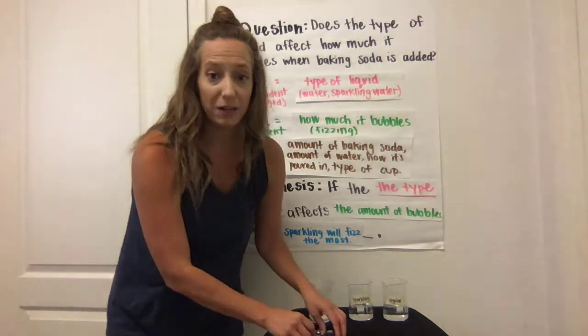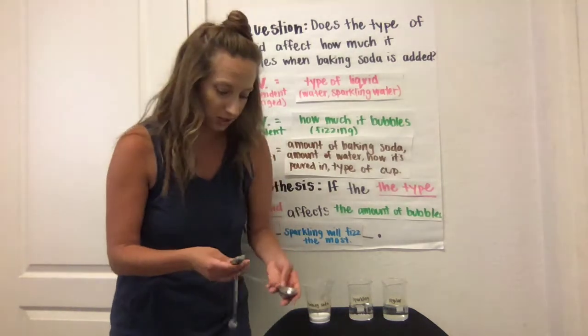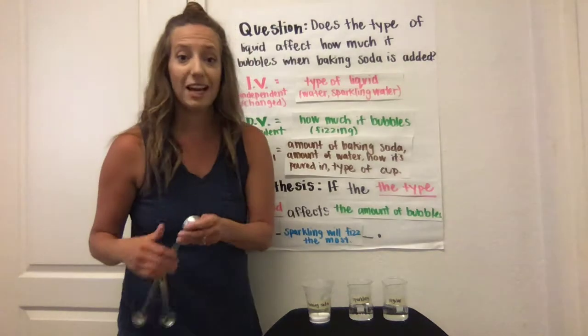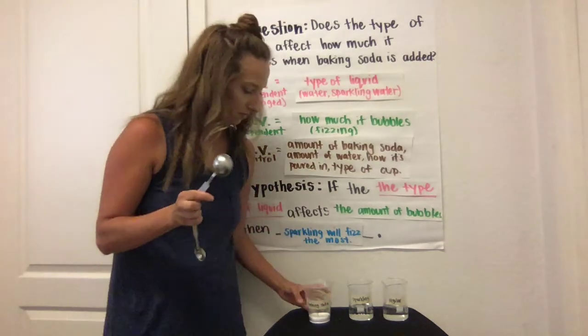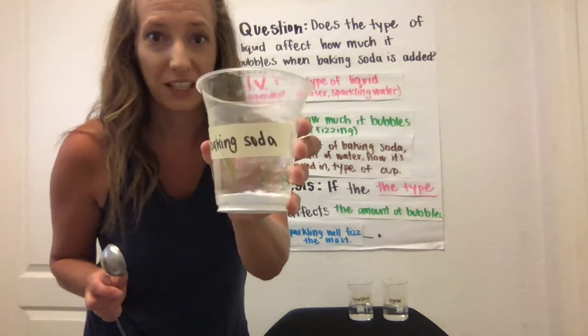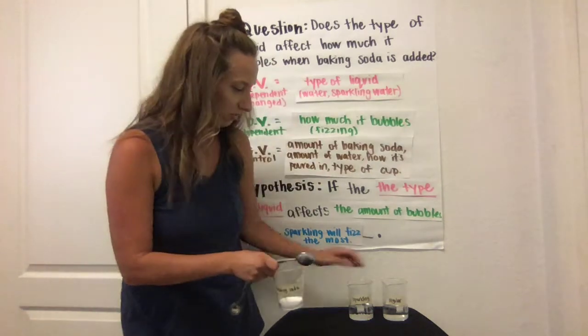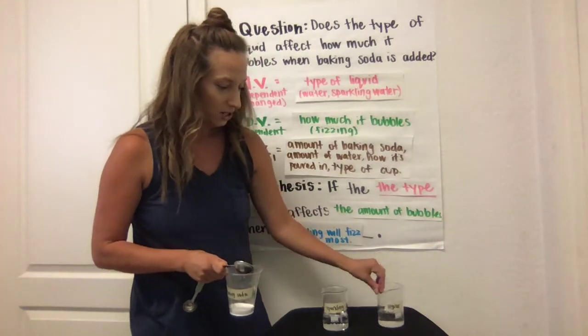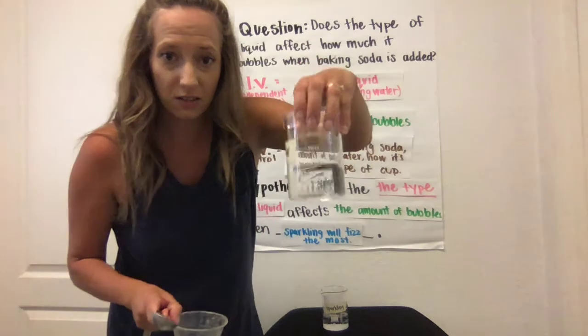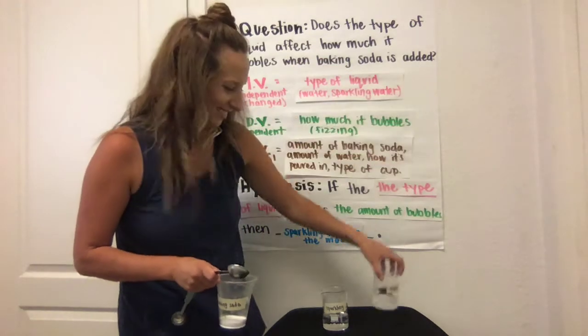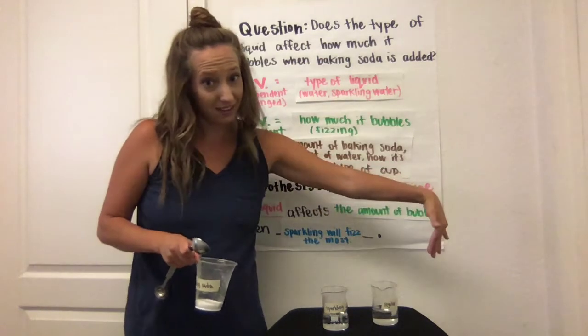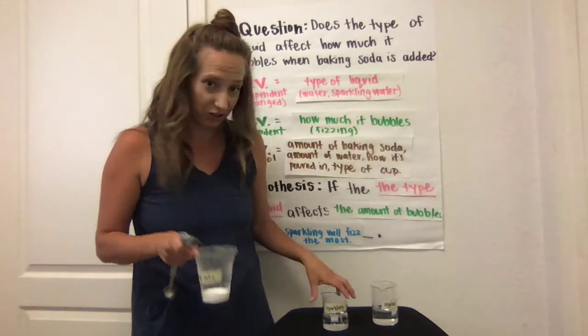So for this experiment, I'm going to actually do this. So I'm going to put in a tablespoon of baking soda into each of the cups here. So I have regular on my left, which may appear different on your side.